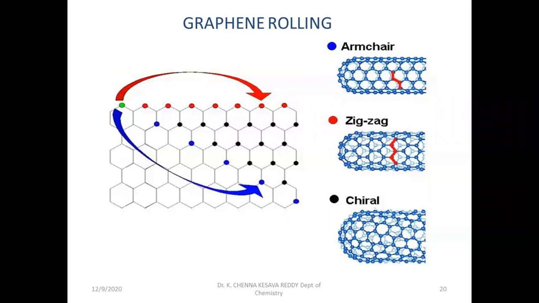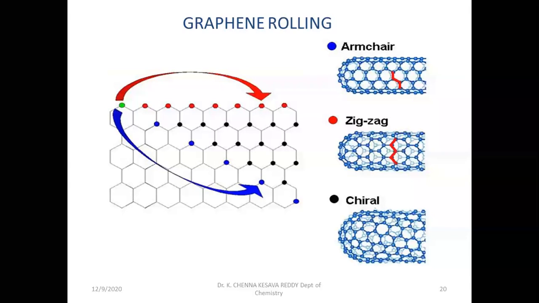Whether armchair, zigzag, or chiral will form, we cannot control or decide this. During the precipitation of carbon atoms, we cannot control the precipitation as per our requirement.